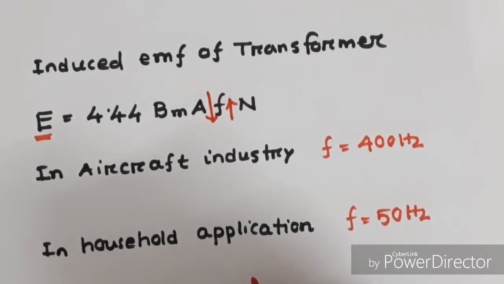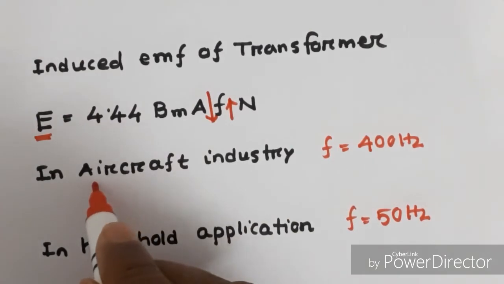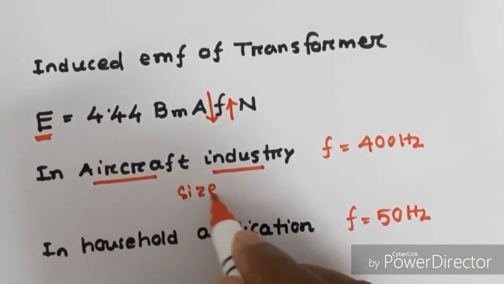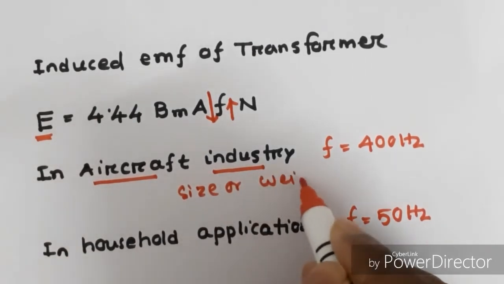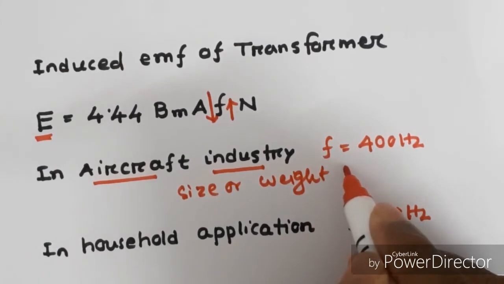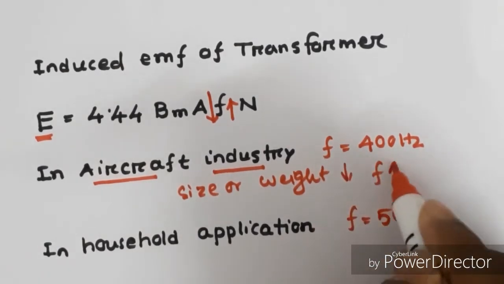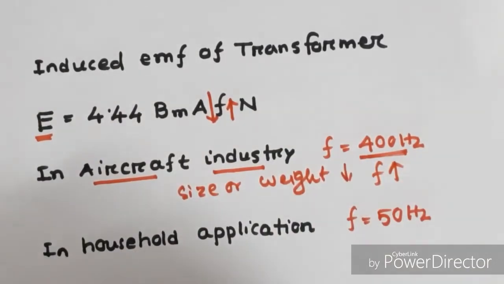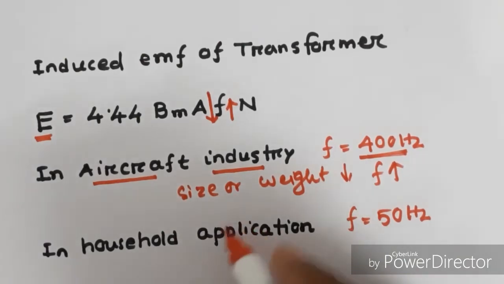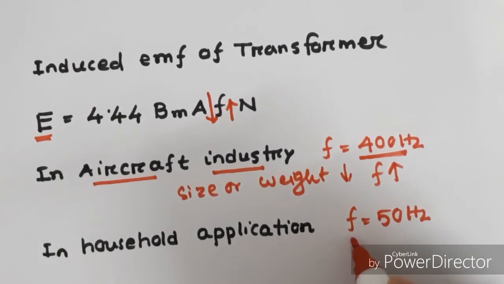Therefore, size also decreases. In aircraft industry, size and weight are the main concern. Therefore, to reduce size and weight, the frequency is increased to 400 Hz. But in household application, weight is not so important, so we maintain frequency at 50 Hz.